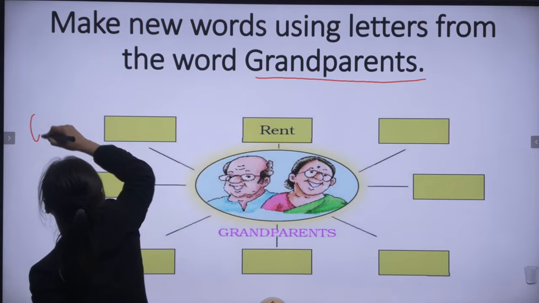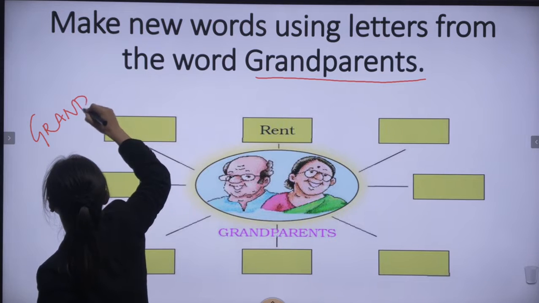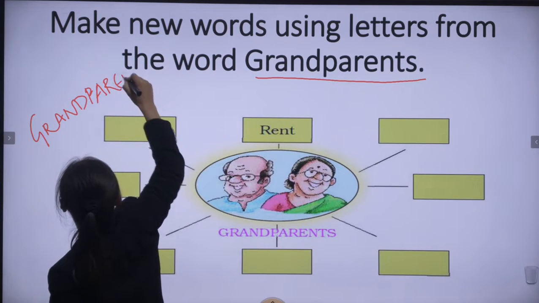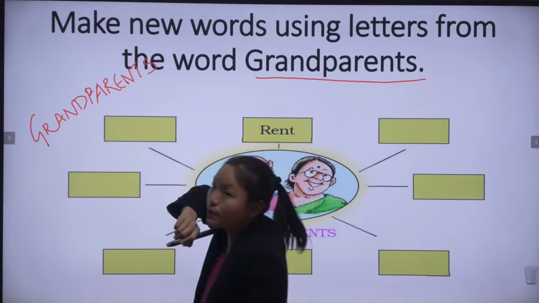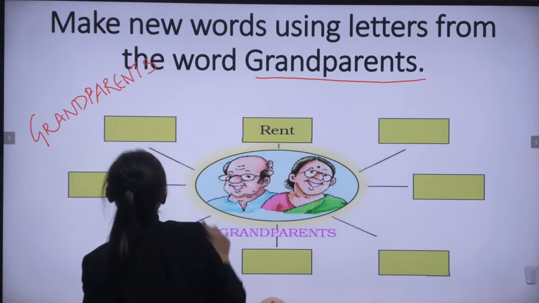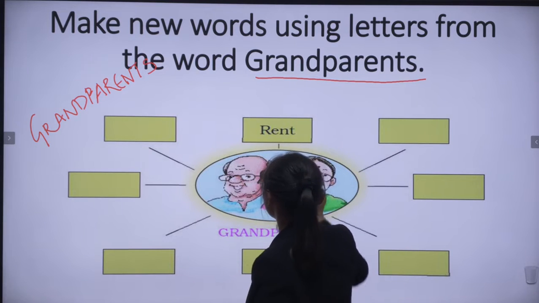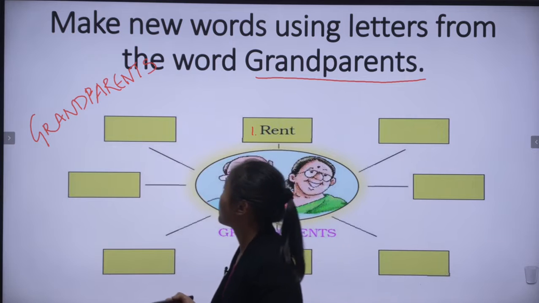Let's say grandparents. It's a big word, grandparents. There are many letters in grandparents, so we have to find other words. Number 1 is rent. This is already done, RENT, rent.